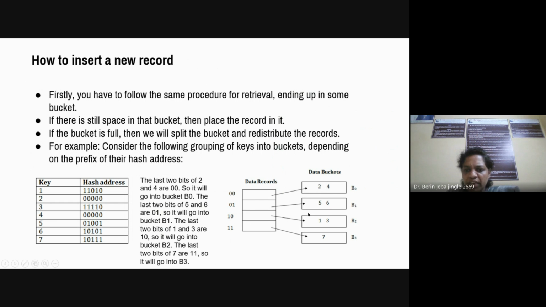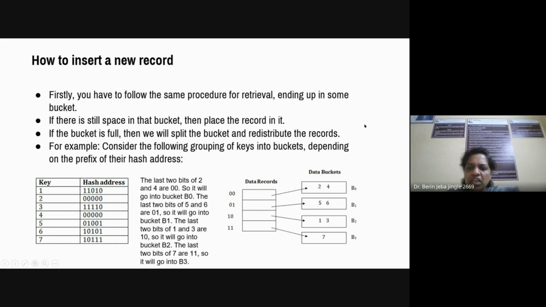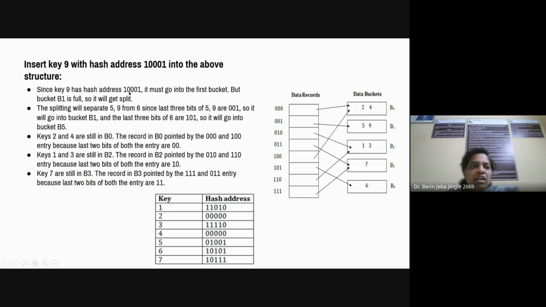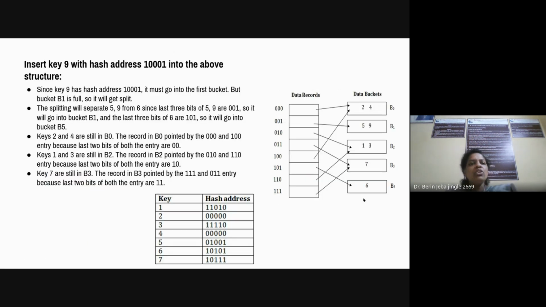But the bucket is full. B1 is filled with 5 and 6, which already have the last bits 01. So now the bucket is full, so it is split.